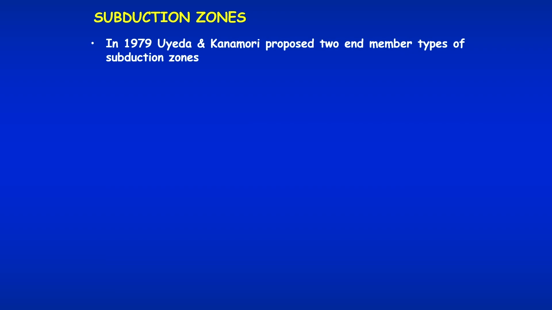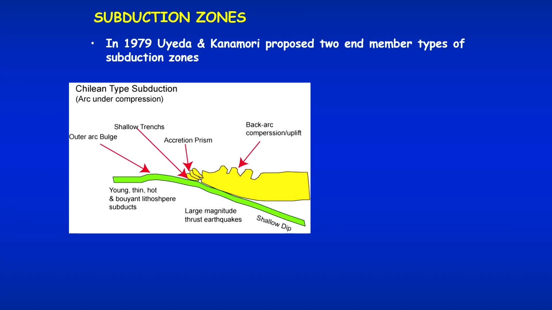So subduction zones, if we look at, then in 1979, Ida and Kanamori proposed two end member types of subduction zones. One is the Chilean subduction zone, and these subduction zones were classified based on at what angle the plate which is subducting below the overriding plate is going down.